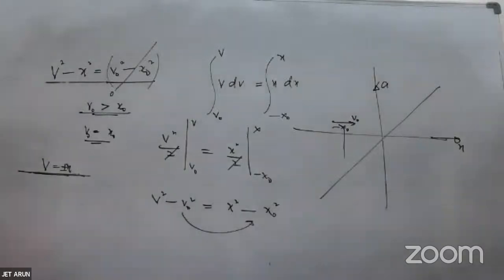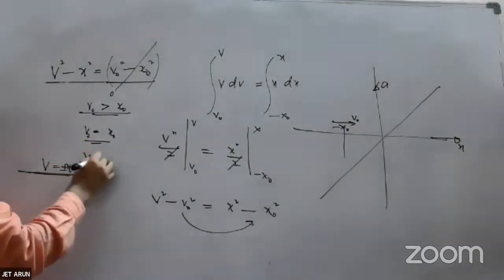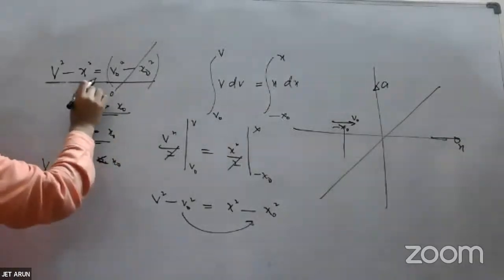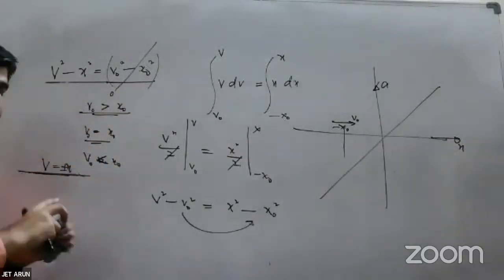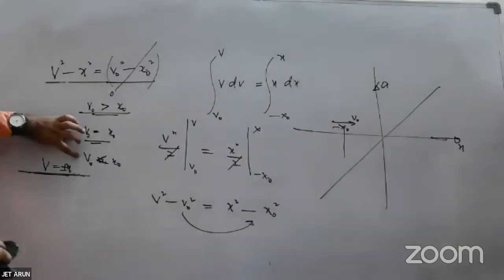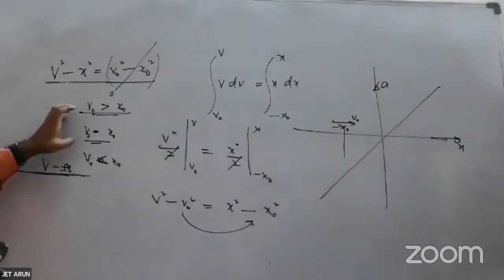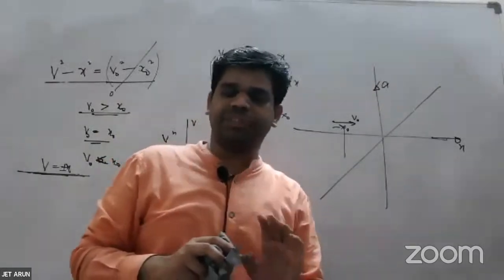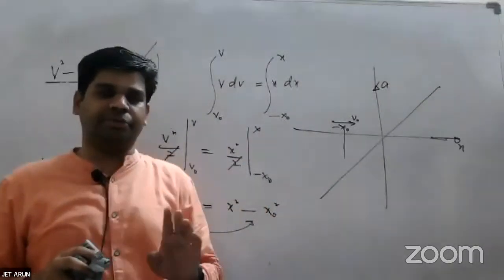If v naught is less than x naught, this is less than 0. So I've got three possible scenarios: greater than x naught, equal to x naught, less than x naught. After I teach you conic sections, we'll plot a phase portrait for this one. And the phase portrait is really, really beautiful. A little complex, but really beautiful.